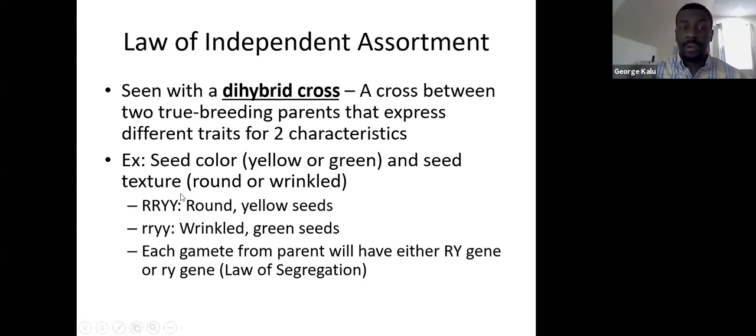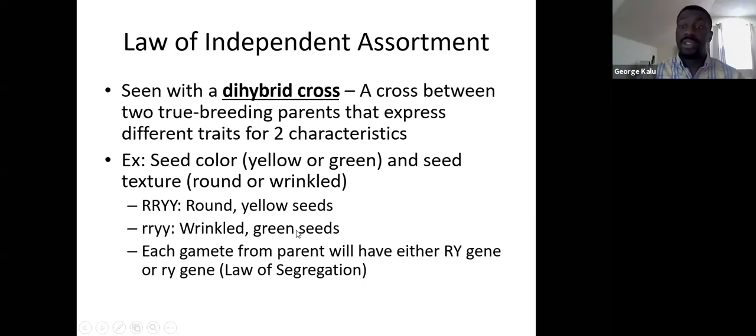If we're looking at a double homozygous dominant organism here, it's going to have big R, big R, big Y, big Y, telling us that we have round, which is the dominant allele, and yellow seeds. In the case of a double homozygous recessive individual, we're going to have little r, little r, little y, little y, and that tells us that we have wrinkled green seeds.